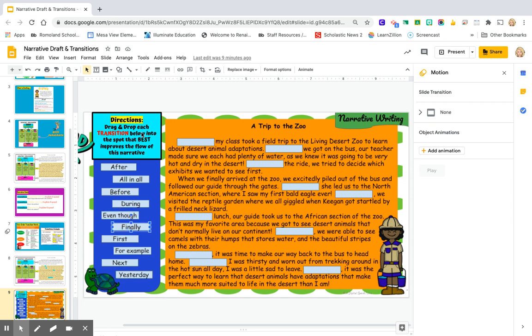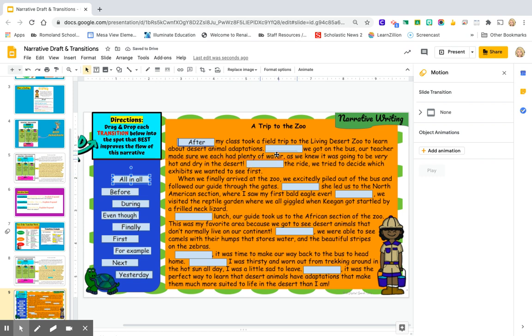And it says, drag and drop each transition below into the spot that best improves the flow of this narrative. So there might be a couple transitions that might seem like they would fit, but read it a couple times all the way through and then really think about which transition would fit best in each of these spots. And you simply just take it and you're going to drag whatever transition you want and you're going to put it right into the spot that you think it belongs.